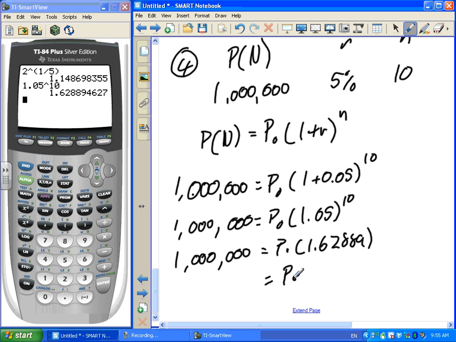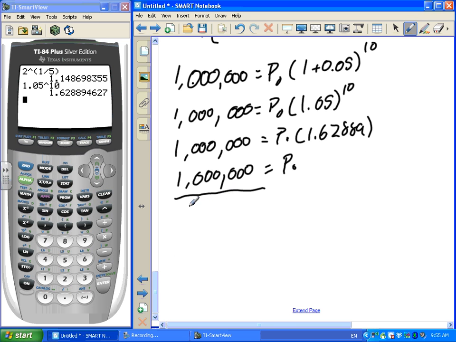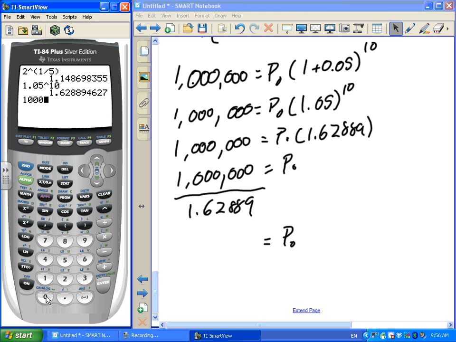To bring that to the other side, because I'm trying to isolate P at O, I need to divide 1 million by that number. So 1 million divided by our answer from before. There it is.